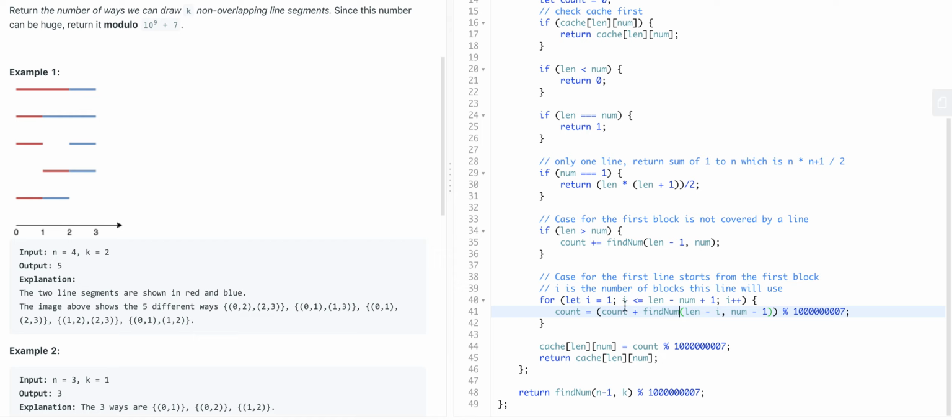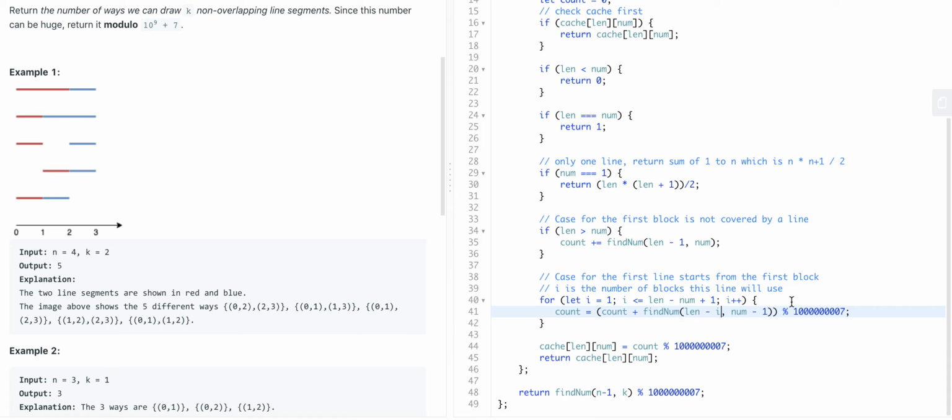So what we do is we ask the same thing, but now we're asking with length minus i, because i represents the length of the first line that we're going to do. So the remaining length we pass in here is length minus i. And then num minus 1, because the number of lines is reduced by 1.